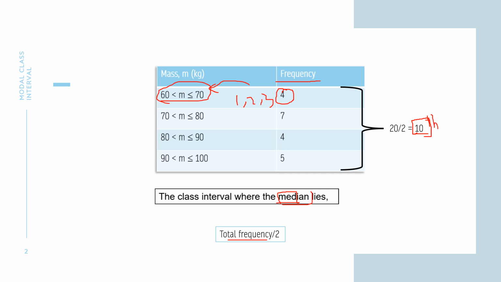So we have 1, 2, 3, 4 in this class, 5, 6, 7, 8, 9, 10, and 11 frequencies for this class. And you can see that the 10th position is right here. Therefore, this is the class where our median lies.